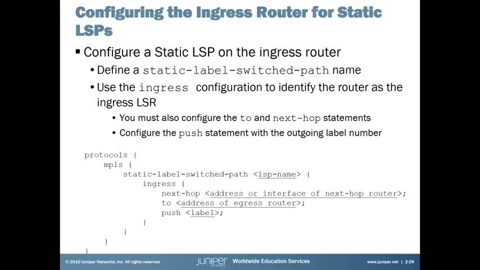Sorry, what's the push? What's the label value that we're pushing onto the packets that are going into this path? Every packet that goes into that router and belongs to this path, this name, will get the same value.